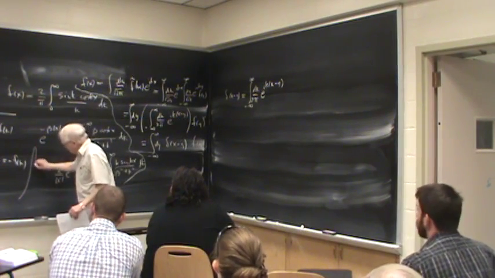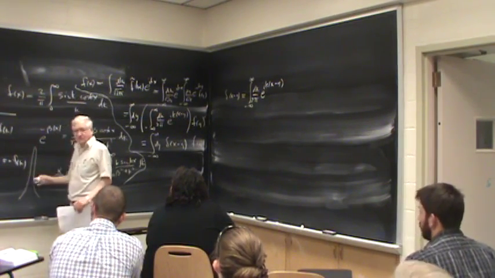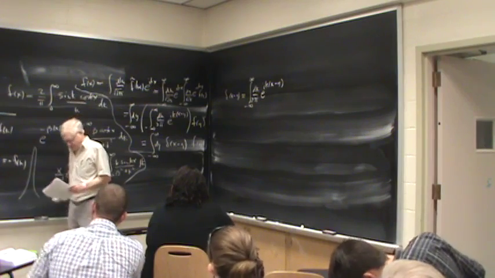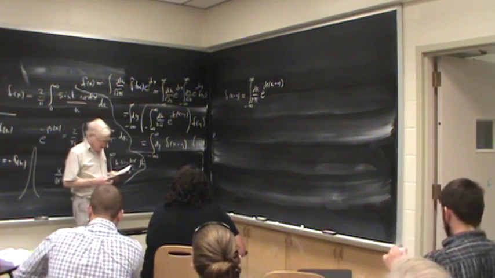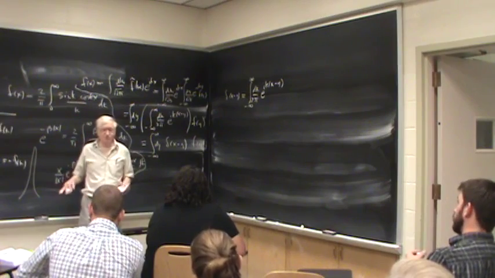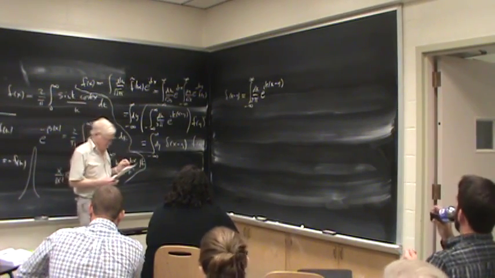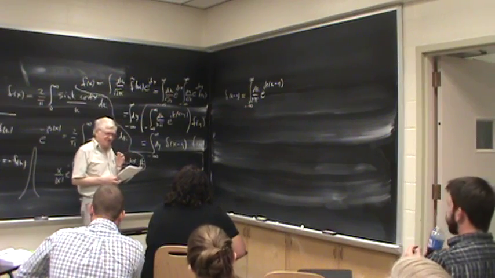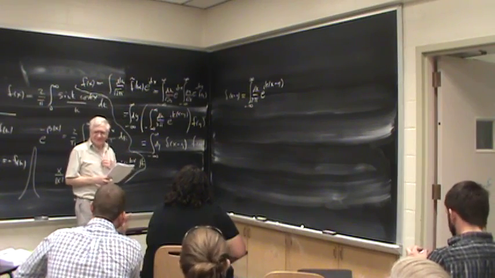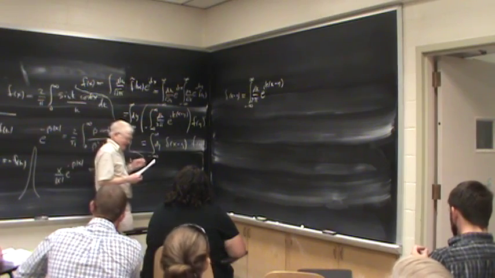It's a limit of something that looks like this, so it's perfectly symmetrical. Of course, that's thinking of it as a function. It's really a distribution, so it maps functions into numbers, only if the functions are good.